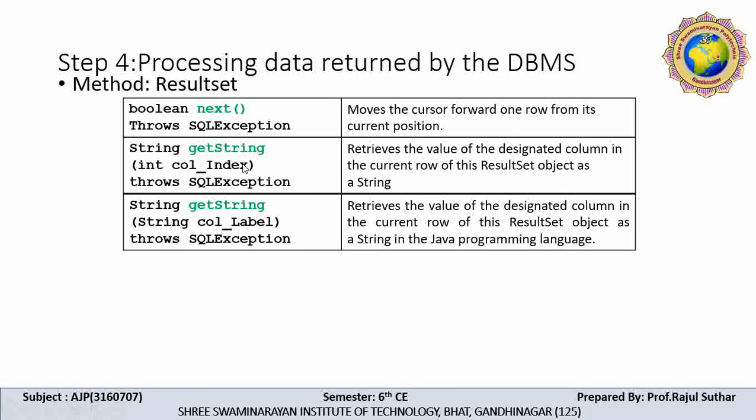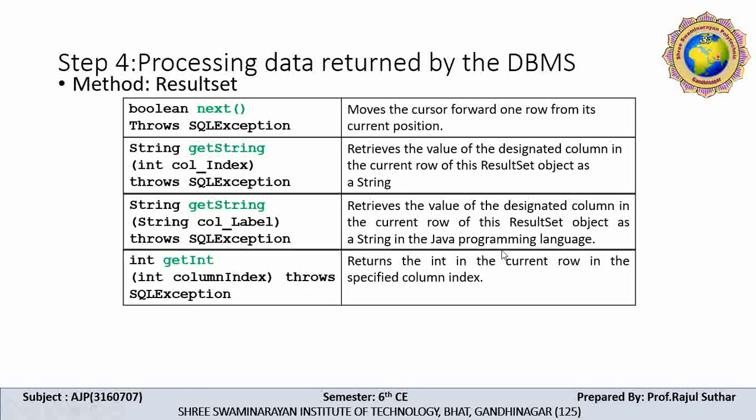String getString, integer column index, throws SQLException. It retrieves the value of the designated column in the current row of this result set object as a string. String getString, string column label, throws SQLException. It retrieves the value of the designated column in the current row of this result set object as a string in the Java programming language.